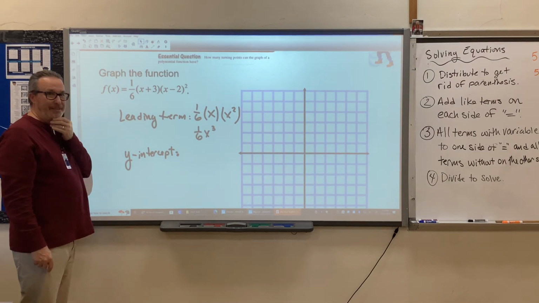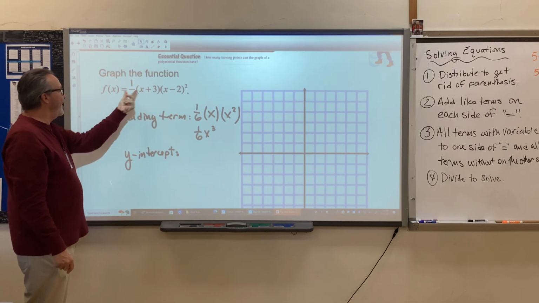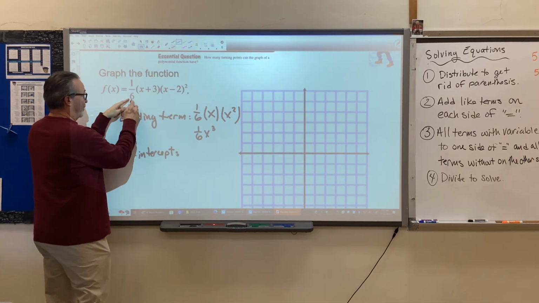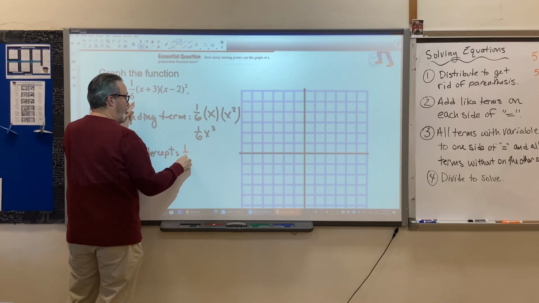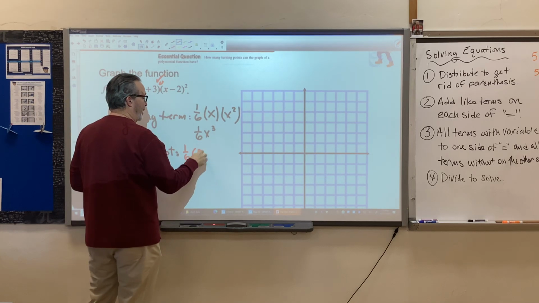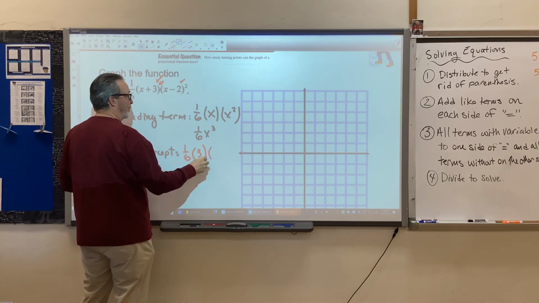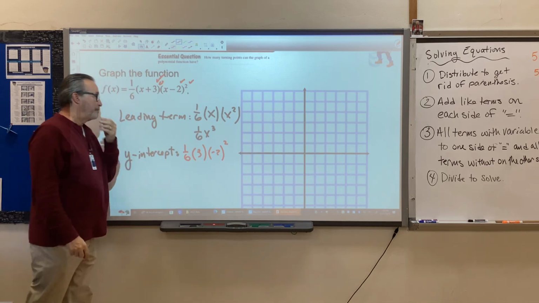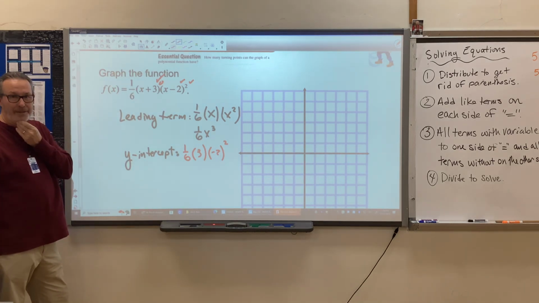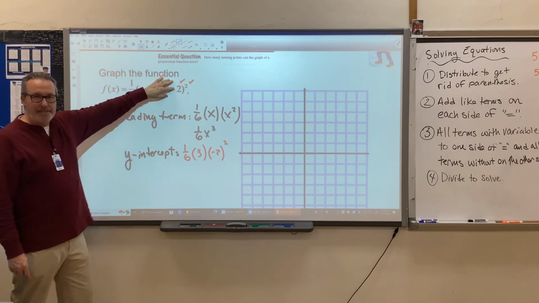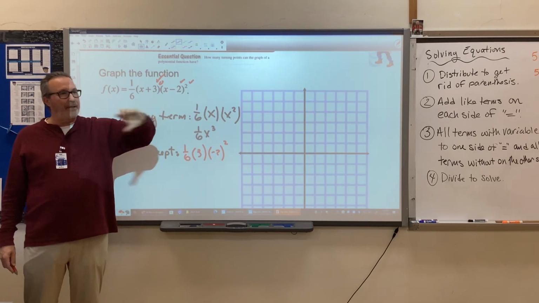The y-intercept. It's the last term in each one of these factors. So it's this number, same number, 1/6, times this number to this power, 3, times this number, -2, to this power, squared. That is the y-intercept. Because if you FOIL all this out, you get a big long polynomial.